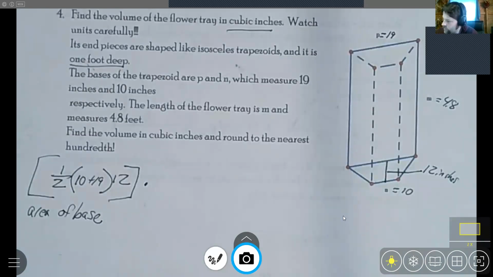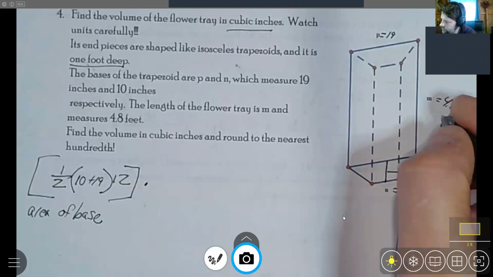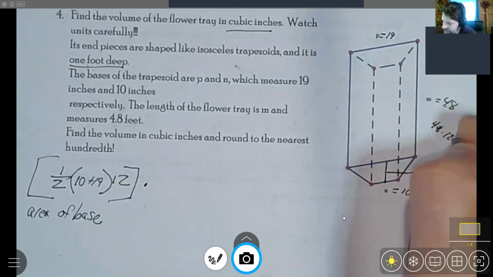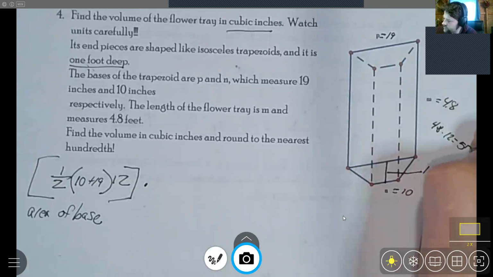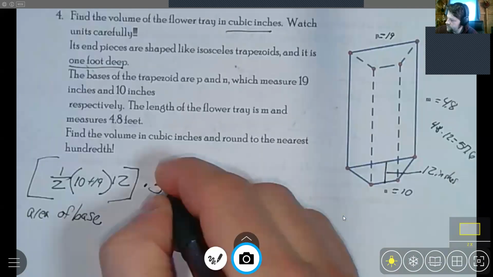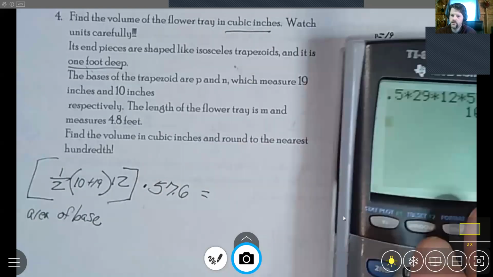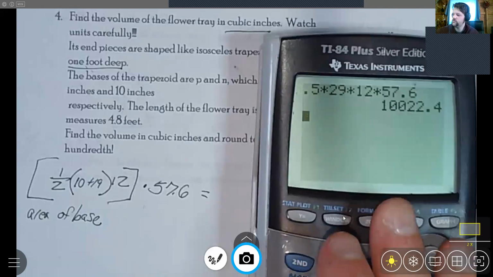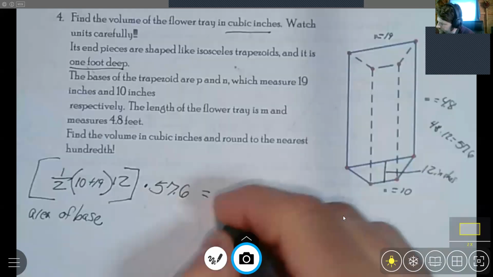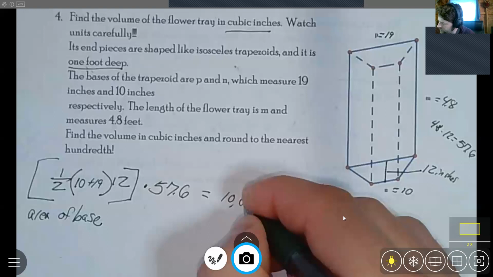So 4.8 times 12 is 57.6 inches. All right, so area of the base times the height. Just plugging away at the calculator here. So mine would be 10,022.4 cubic inches.